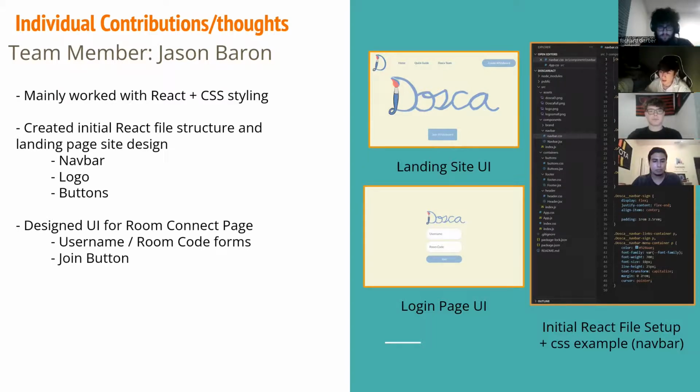And also that includes the navbar, the logo, and then the join buttons. And then I also did the login page UI. So that's the username and room code formatting, and then also that join button. And then there's pictures of the stuff I worked on. And I put a screenshot of one of the CSS classes.